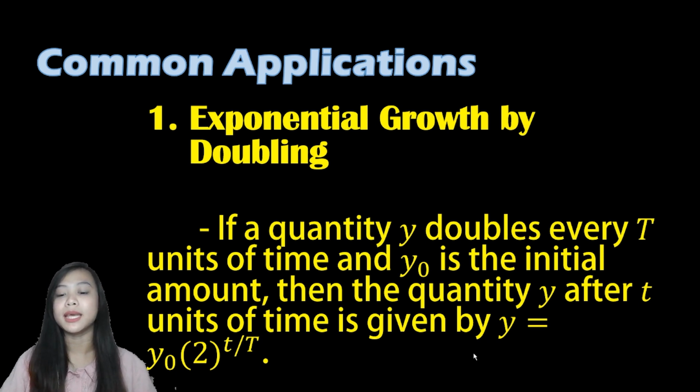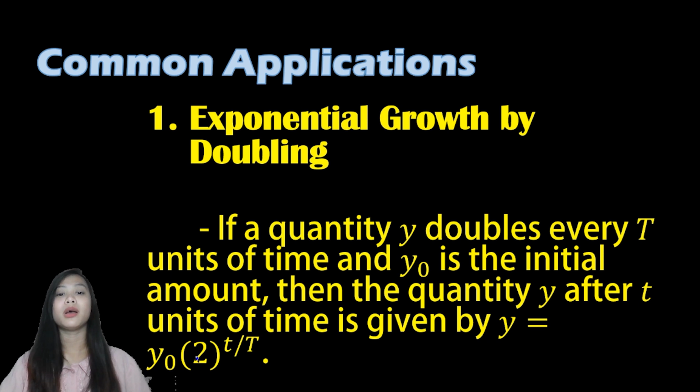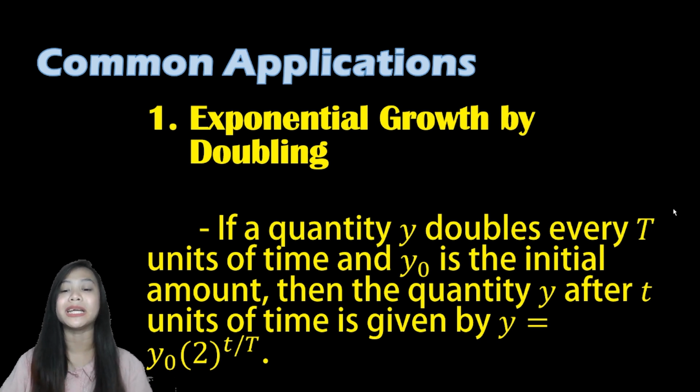So this is the function to compute the future growth or population. Our small t here is the time that you need to compute the quantity, and the capital T here is the time when the population doubles. So let's have an example.